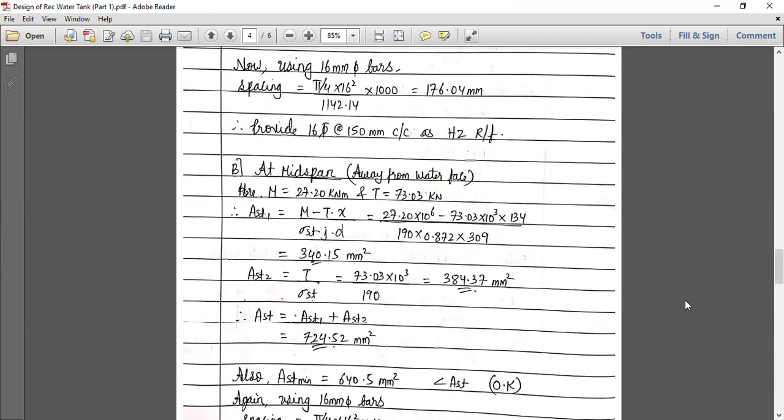AST1 1424. Okay. AST1 is 1424. Others, just check. AST2.